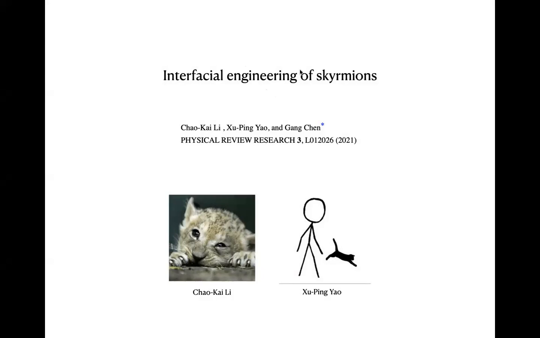But in this brief talk, I will simply explain this part of the story, where we can use electric fields to write and delete magnetic skyrmions at the interface of a heterostructure.